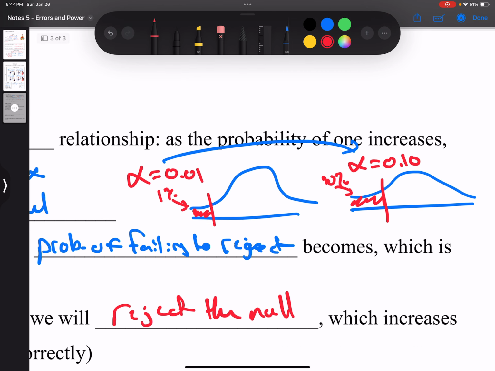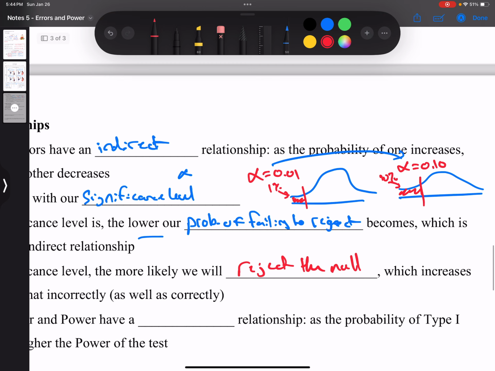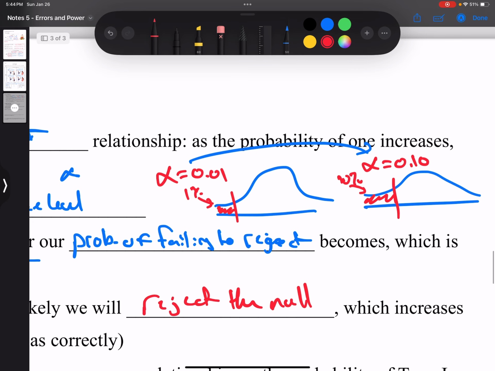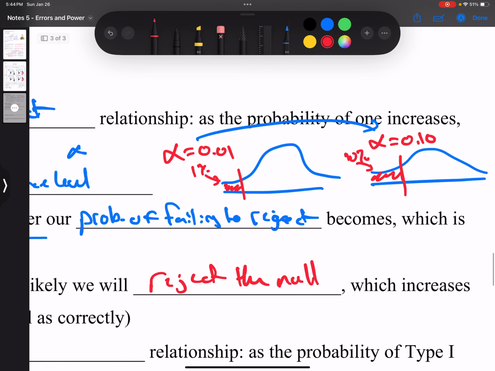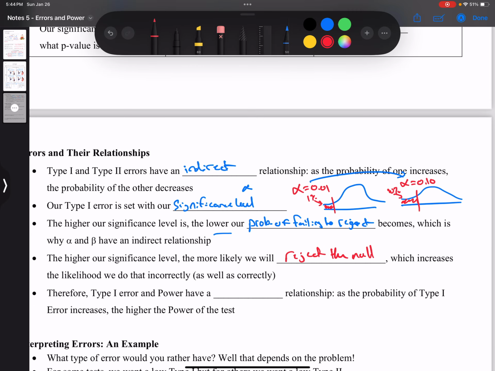As our alpha increases, we are more likely to reject the null, okay? And this will increase the likelihood that we do that incorrectly, and it also increases the likelihood that we do it correctly. So as we increase our significance level, we're more likely to reject the null, which means we're more likely to do that incorrectly if we make a mistake, a false positive, or we do it correctly, where we should have rejected it.